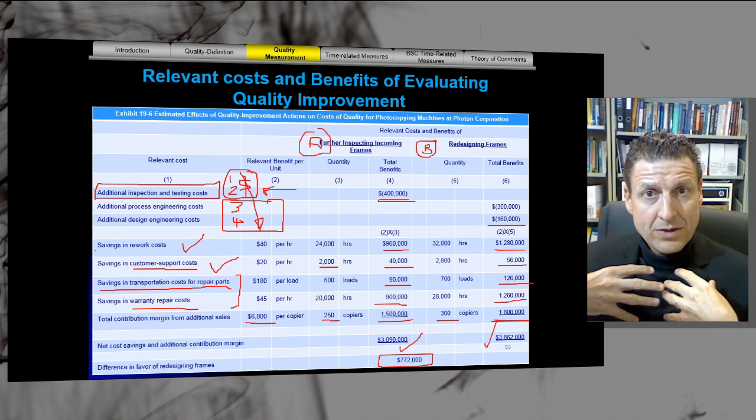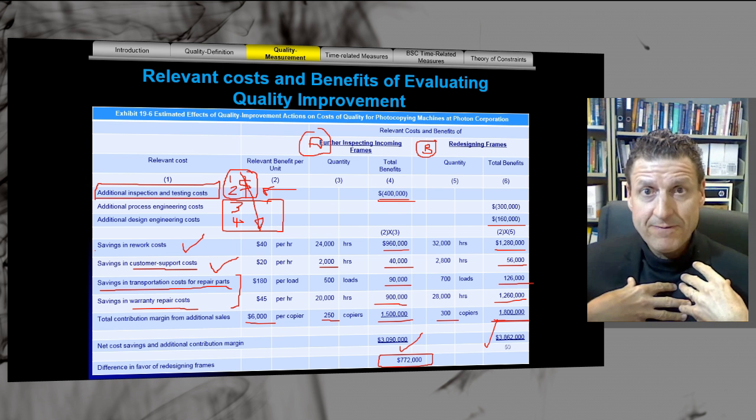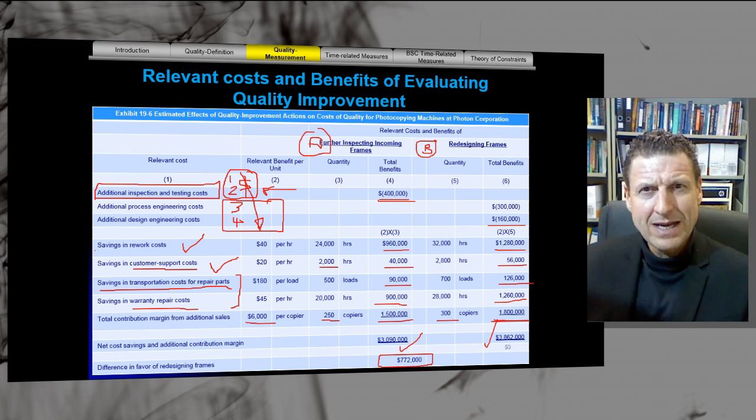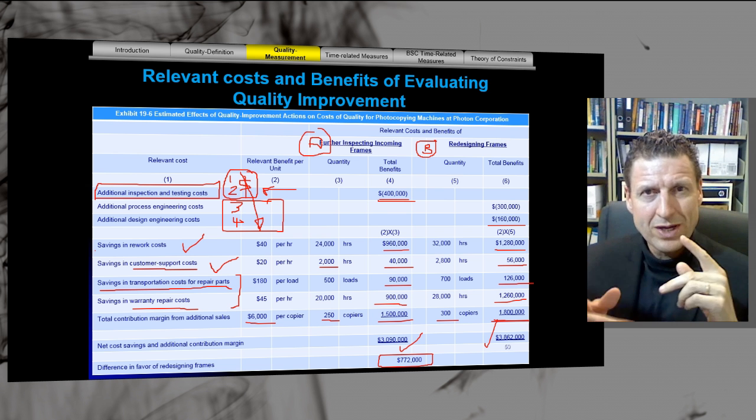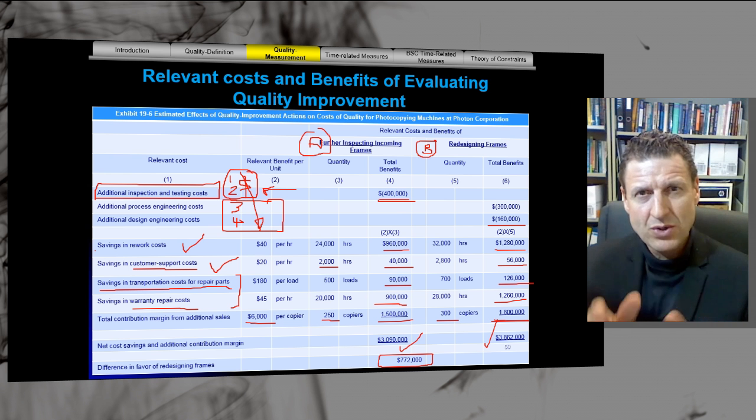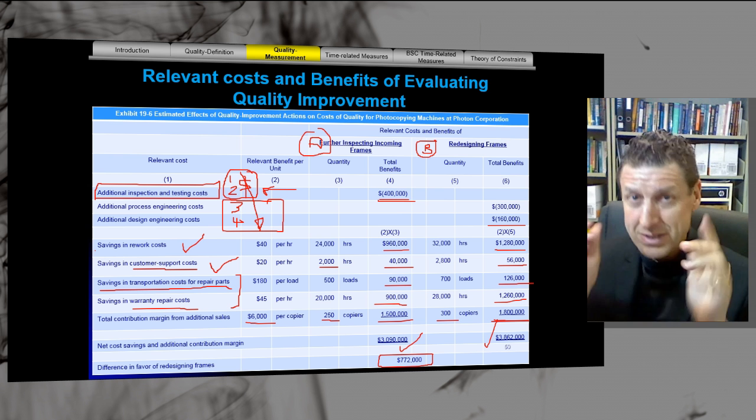Maybe you've been in quality management for many years. You don't need numbers to tell you what you think is the best course of action. And you think most managers think this way.